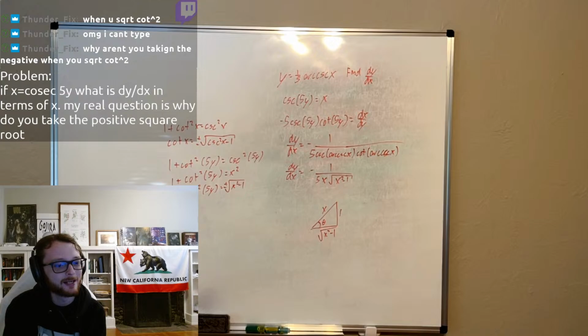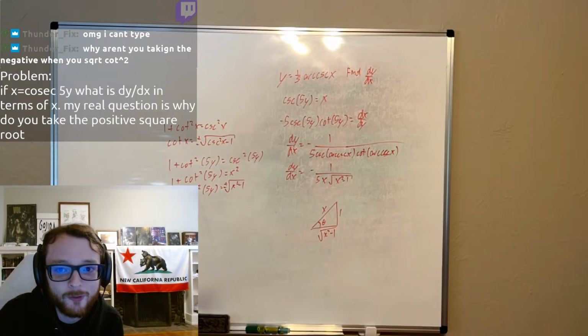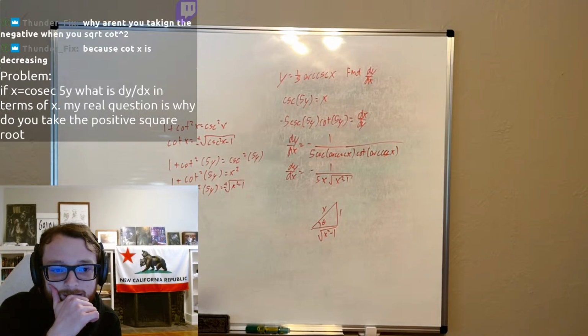Why aren't you taking the negative when you square cotangent squared? Yeah, I'm not sure. It seems like Phoebe was able to come up with a reason based off the graph, but I don't really see it, I guess.